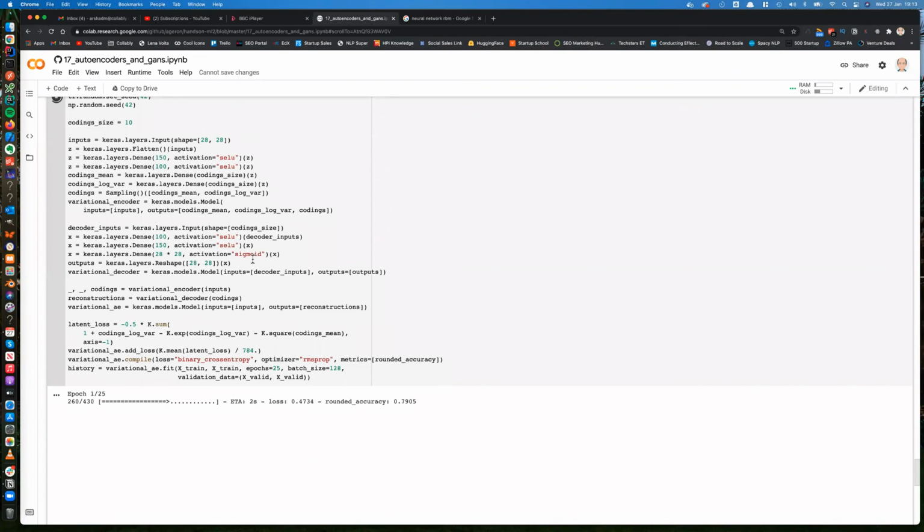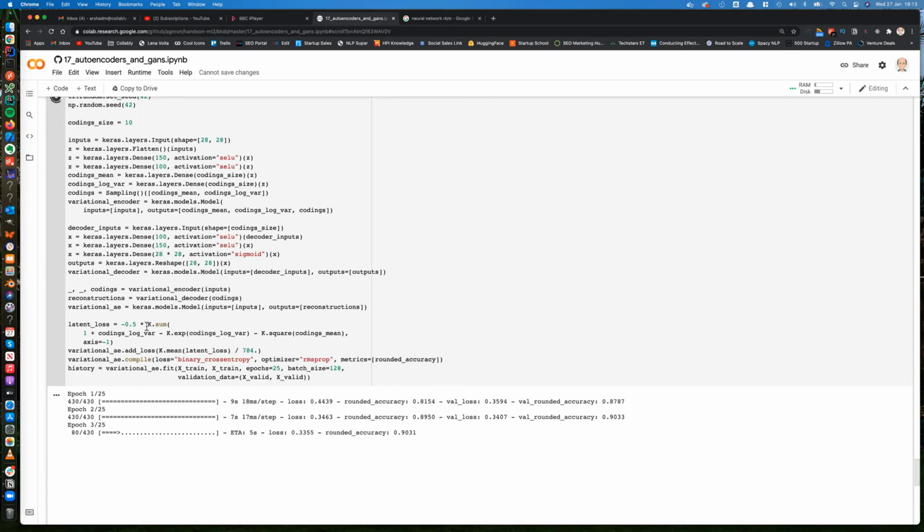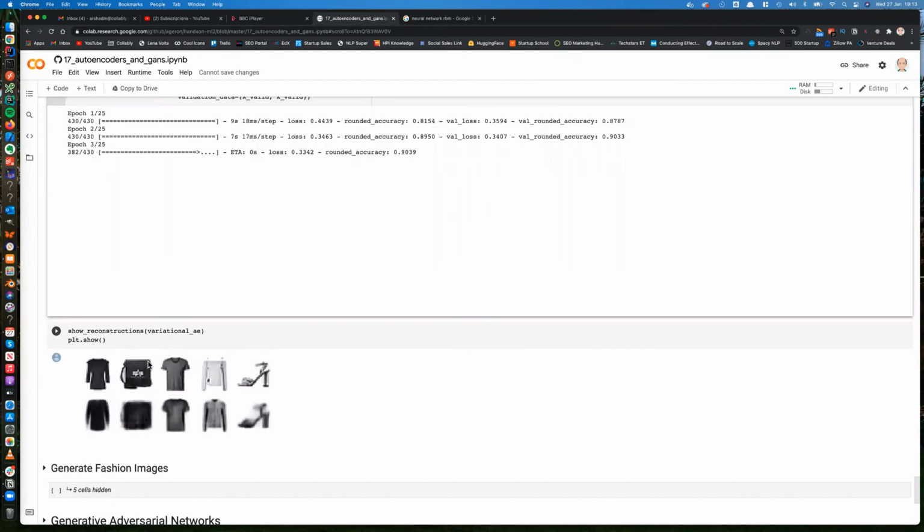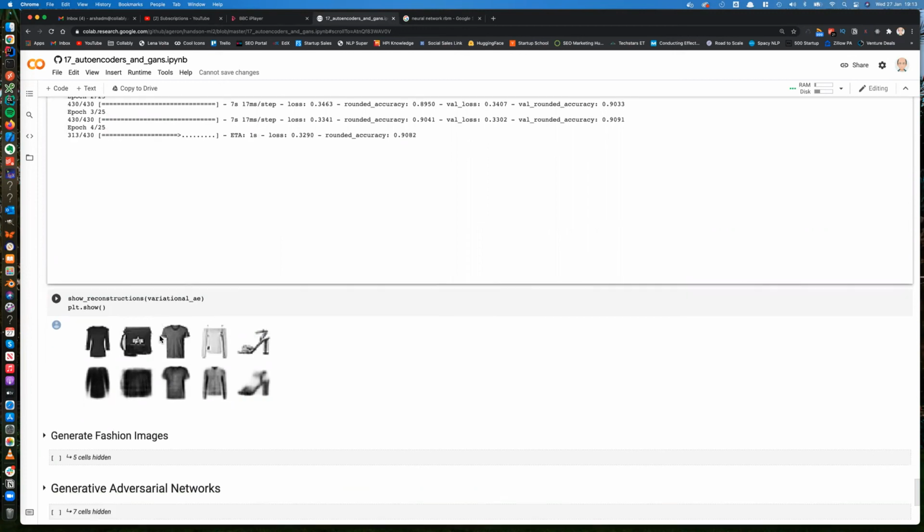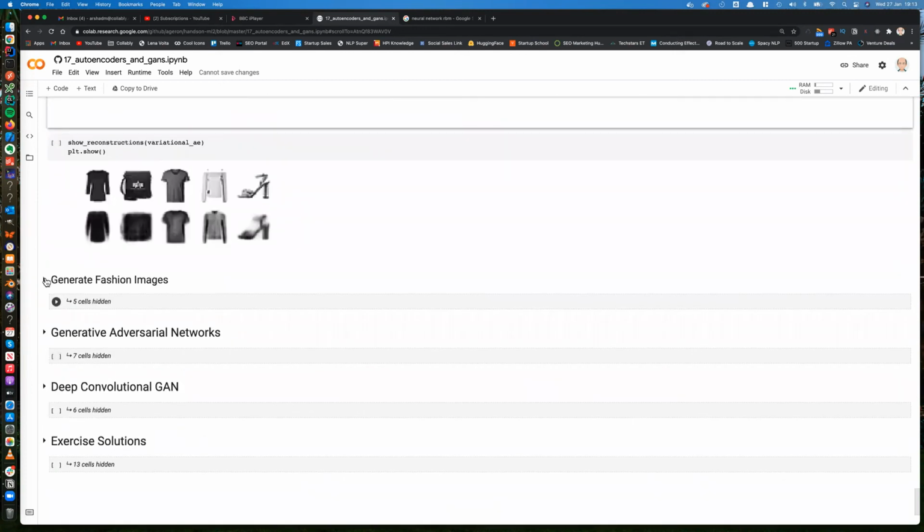It's 25 epochs. Let's have a little look. So this is the dense codings, and then inputs, outputs, the coding restrictions, latent losses. While we're waiting for that, let's see the reconstruction, the variational autoencoder, and then we're generating fashion images.